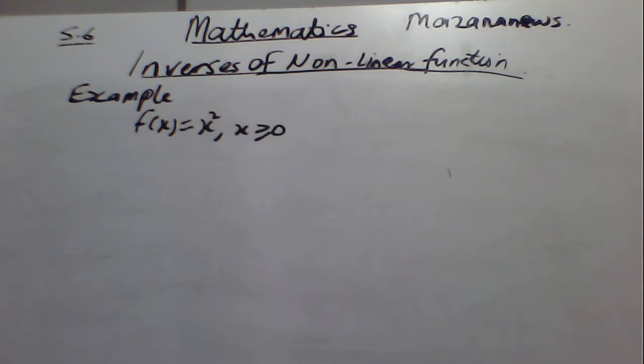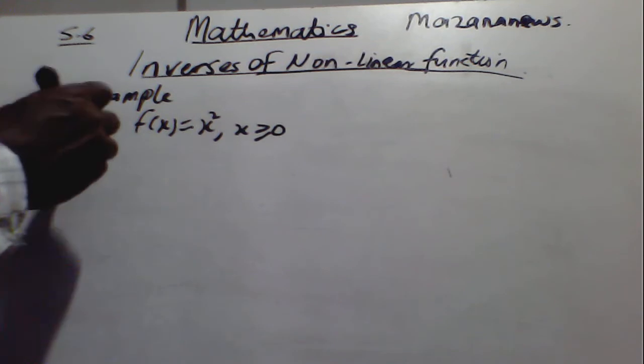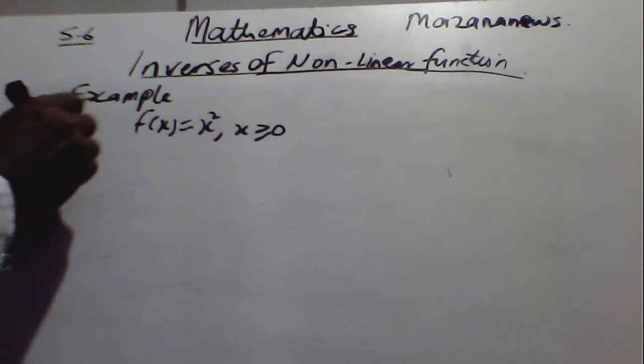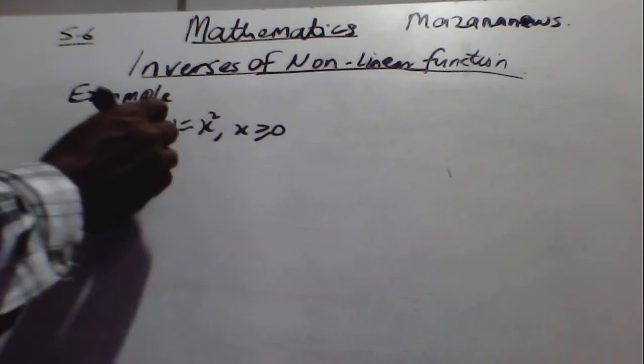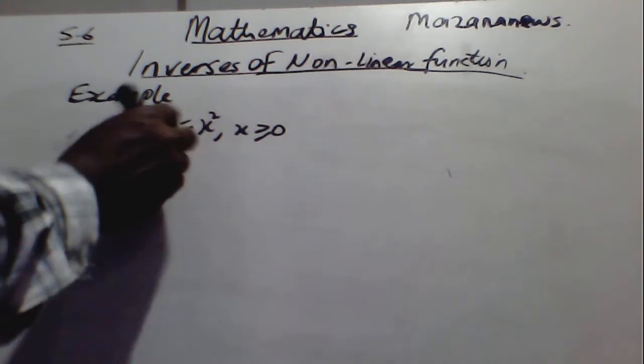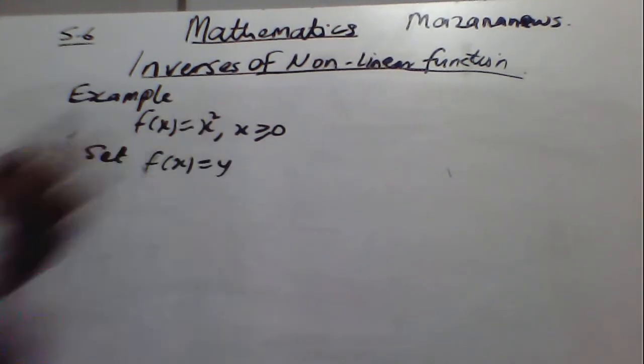Let's see if you can find the inverse of f and then graph the inverse and the function to see how they look. So let's set f of x equals y.